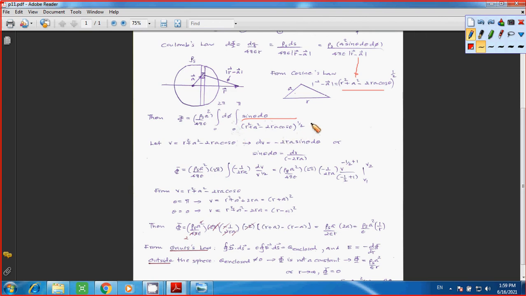To make the integration easier, I let this term be v, and your dv becomes negative 2ra sin theta d theta, so sin theta d theta is going to be dv over negative 2ra.